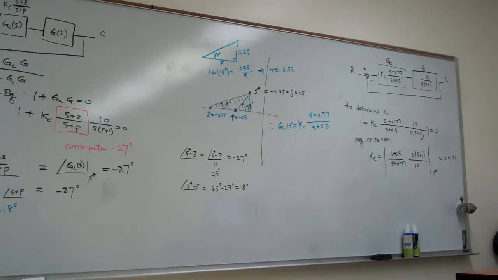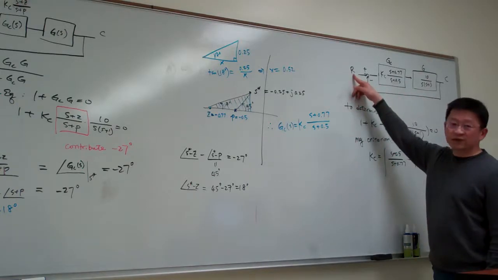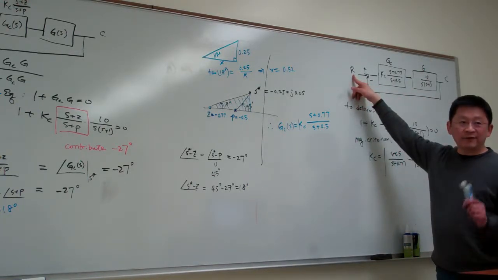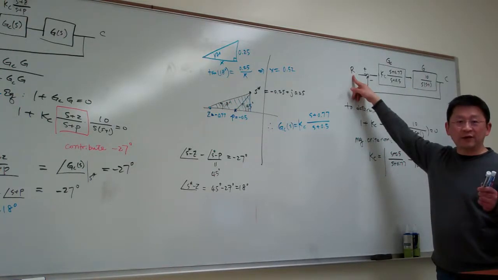Okay, so for this system, we can exercise the MATLAB simulations. The system is a type 1 system. Type 1 system means if our input is a unit step input, then the steady state error is guaranteed to always be 0. You can verify it.